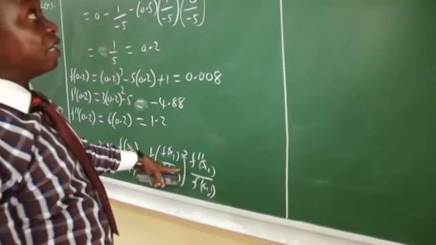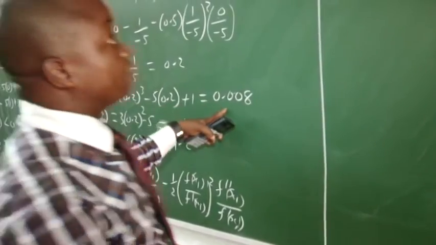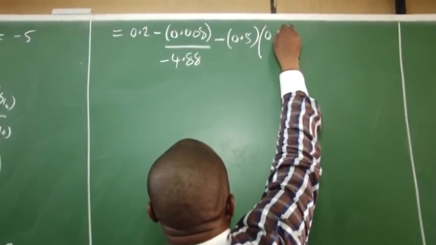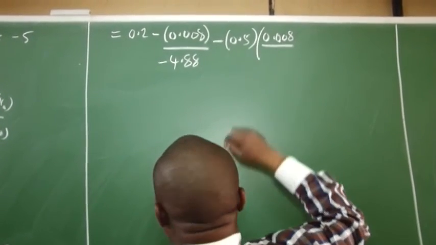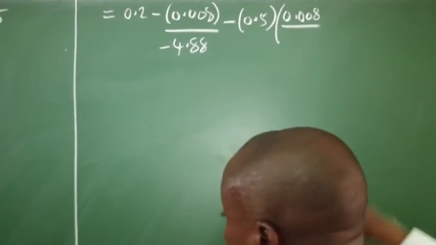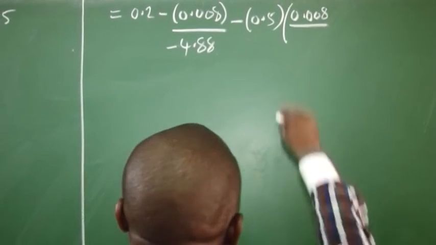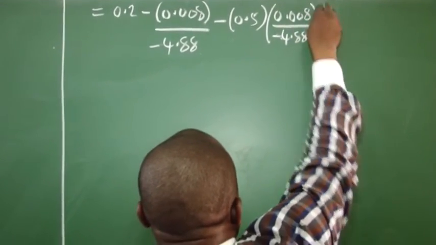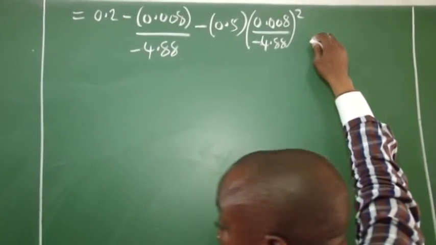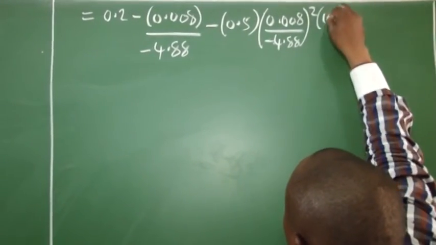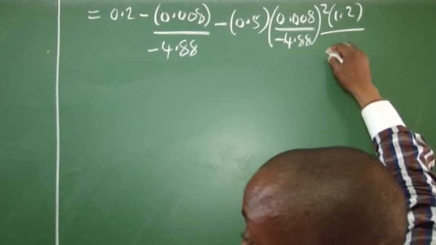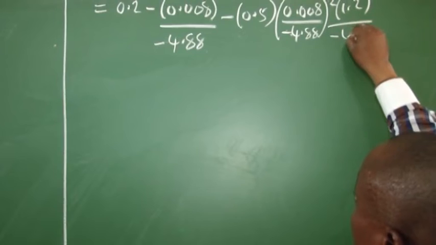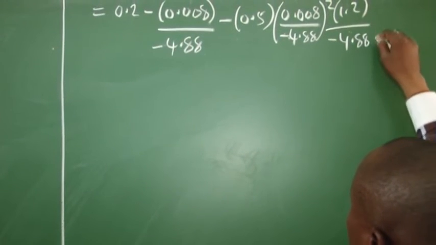Then we have f of x1 here, which gives us 0.008, over f prime of x1. f prime of x1 is minus 4.88 squared. Then f double prime of x1 is 1.2 over f prime of x1, which is minus 4.88.